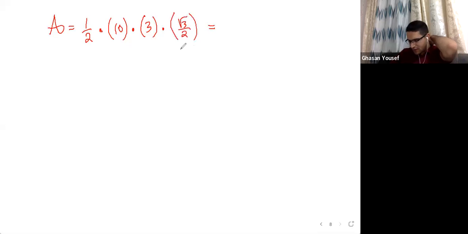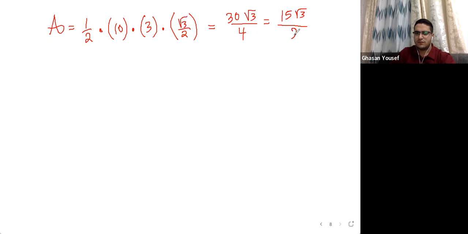Here I get 1 times 10, 30, and 10 times 3 is 30. 30 square root of 3 over 2 times 2 is 4. I can simplify this by dividing both sides by 2. I will get 15 square root of 3 over 2. This is my answer.